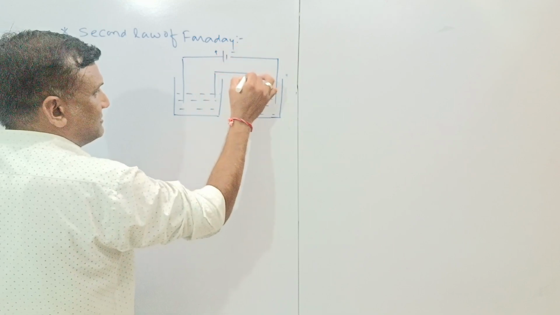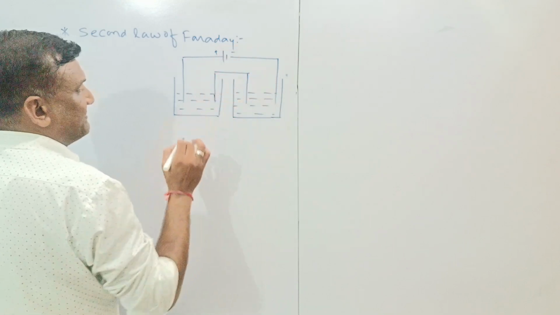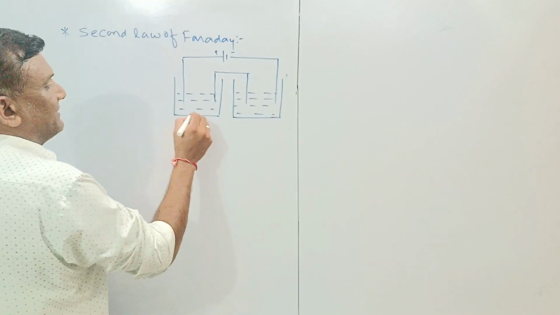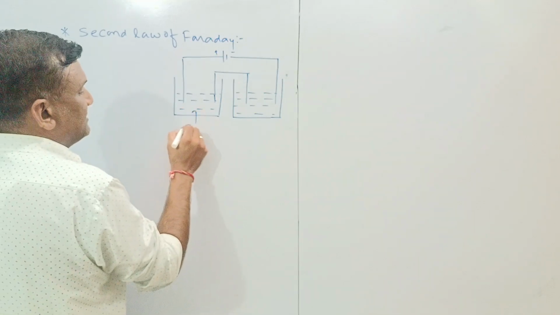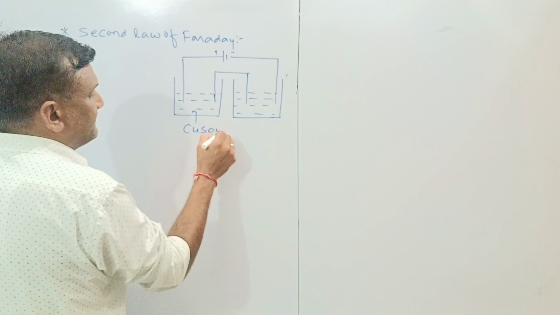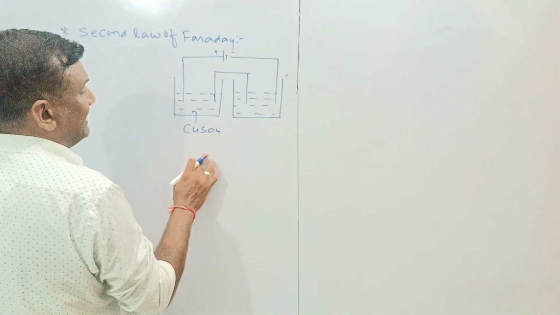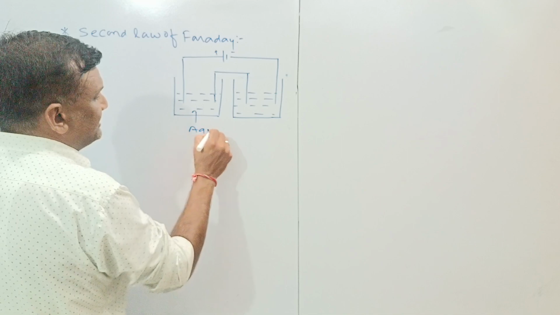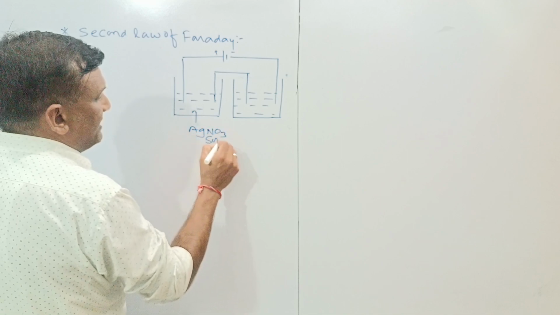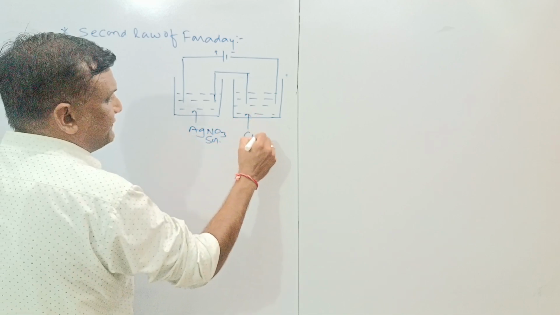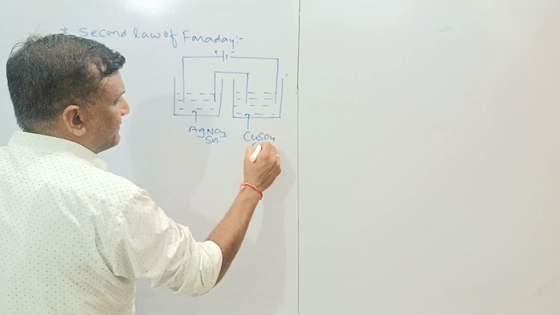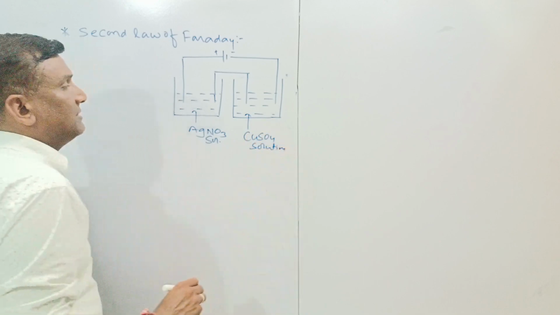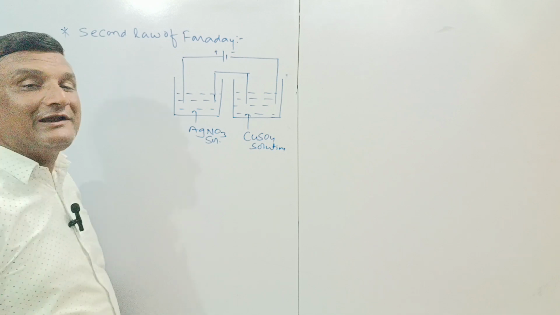These are the two electrodes. Here you can take AgNO3 solution, and here you can take CuSO4 solution. There are just two different electrolytes.